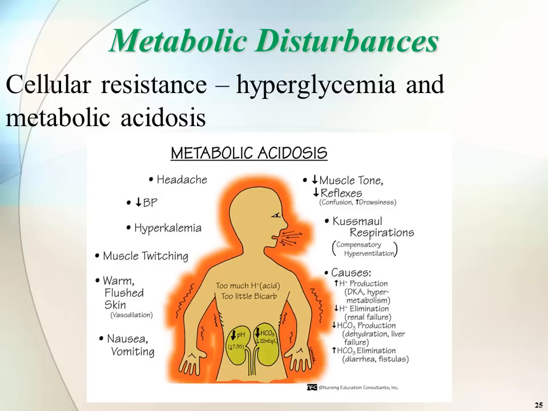A lot of the really bad, for lack of a better word, I apologize for using such an elementary word, but all of the bad conditions, all of the severe diseases that we might see, and anytime we can have our fight or flight response or an excessive central nervous system stimulation, we have the chance for hyperinsulinemia and that hypermetabolic state that we talk about, which is that cell resistance hyperglycemia leading to metabolic acidosis.